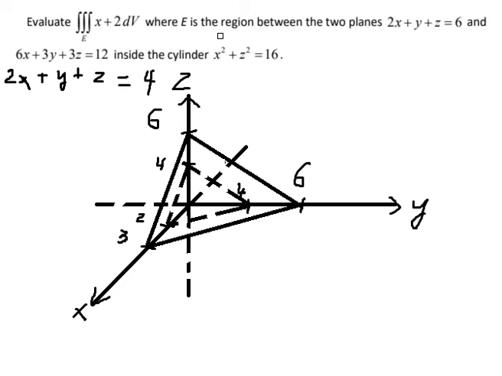The next one, the cylinder, that's x squared plus z squared equal to 16. So the cylinder should be on x and z. So that should be somewhere in here. But they go parallel to x.